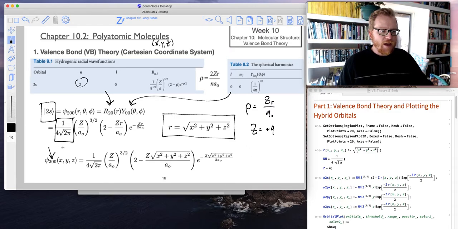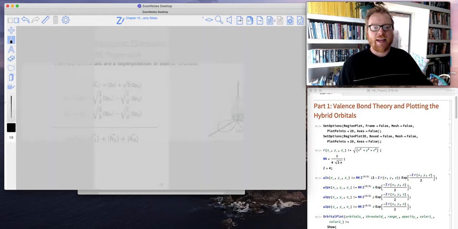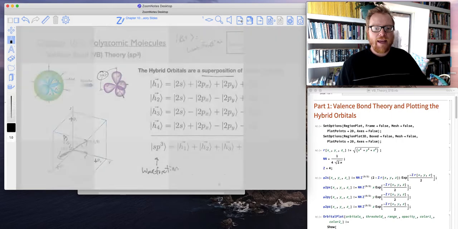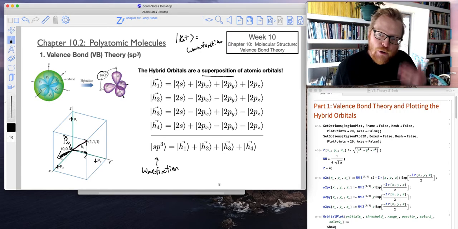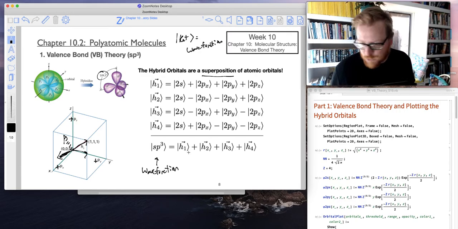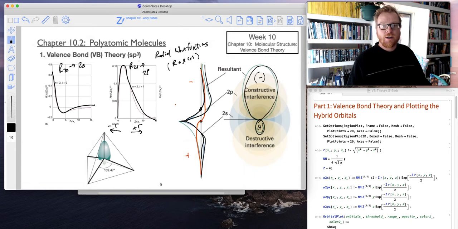This becomes our 2s wave function in Cartesian coordinates.